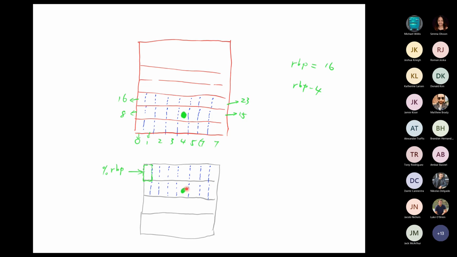If you like to use 16 as an example, here is 16. If you minus 1, you go to 15. Minus 2, go here. Minus 3, minus 4, end up with this green dot. So it's a similar way. Is that clear?